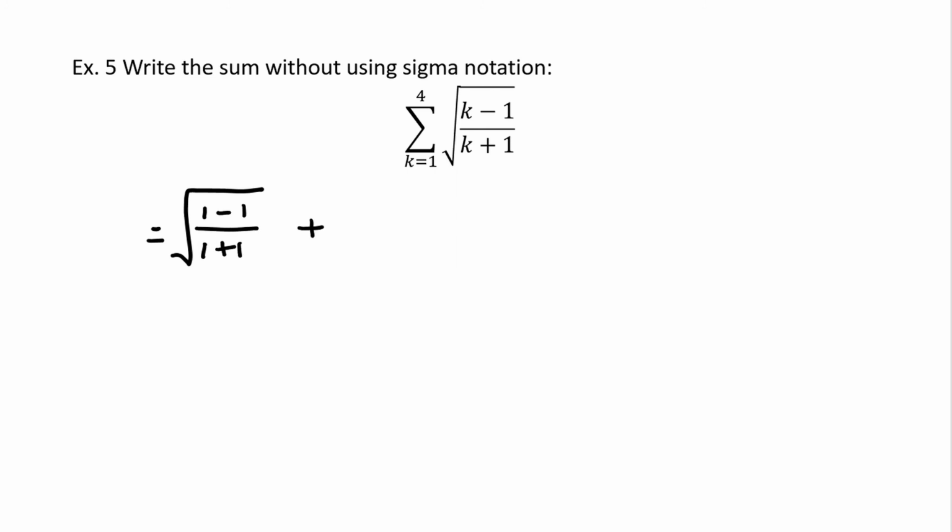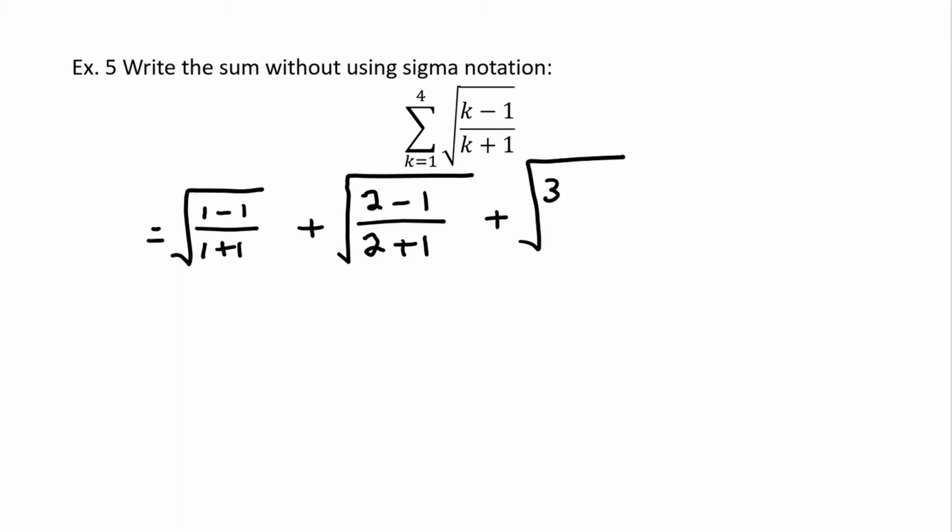Let's continue. Now we'll go to k equals 2. So we've got 2 minus 1 over 2 plus 1. K equals 3, 3 minus 1 over 3 plus 1. And finally, k equals 4, which would be 4 minus 1 over 4 plus 1.